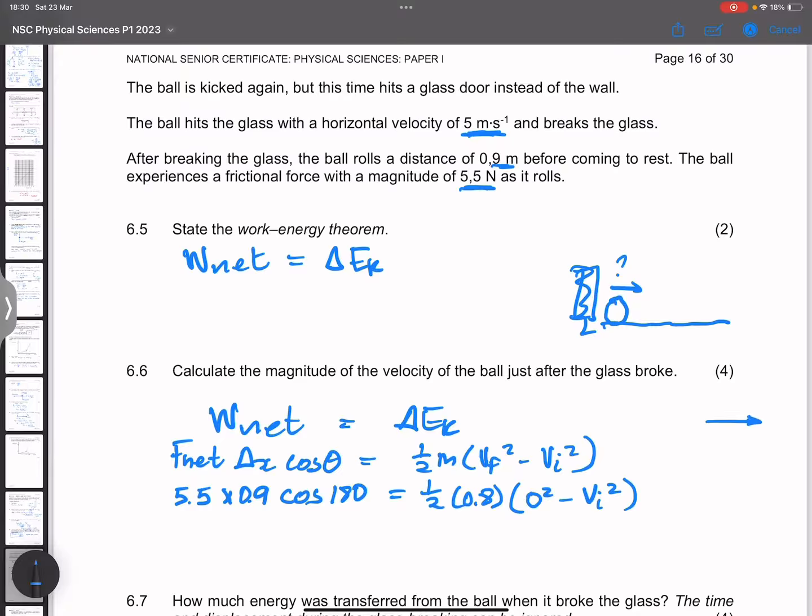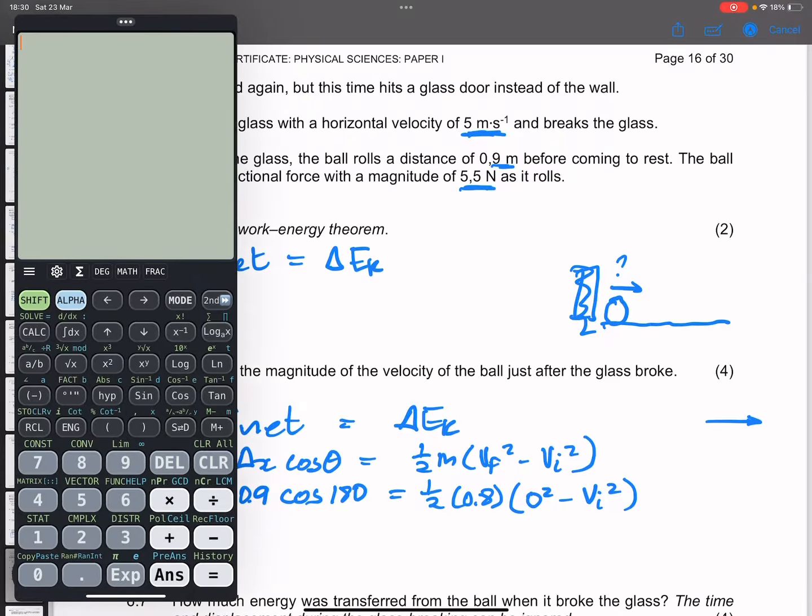So let's try and calculate that. That's 5.5 times 0.9 times cos of 180, and that would definitely give us a negative value. And now on the other side, we divide that by half of 0.8, so we divide that by 0.5 times 0.8.